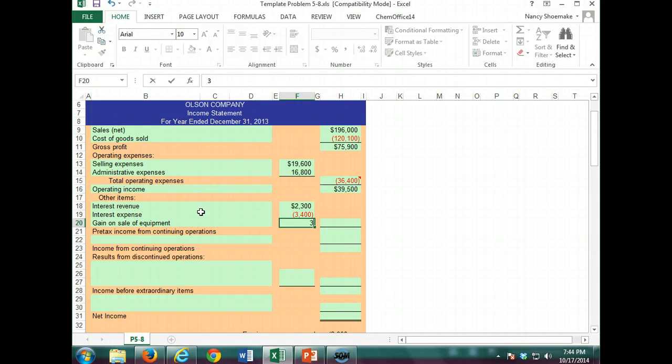And that was 3,200. So we've got here 23 plus 32 minus 34. Who can help us? 55, what? 2,100. 2,100, thank you. So what now, our pre-tax income from continuing operations is 37.4?